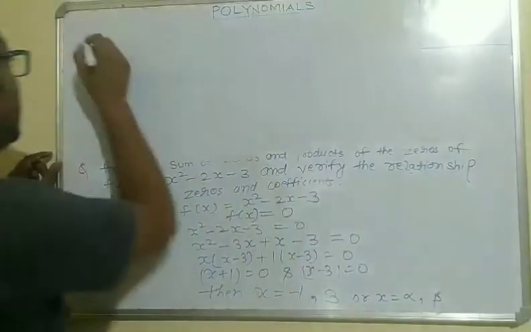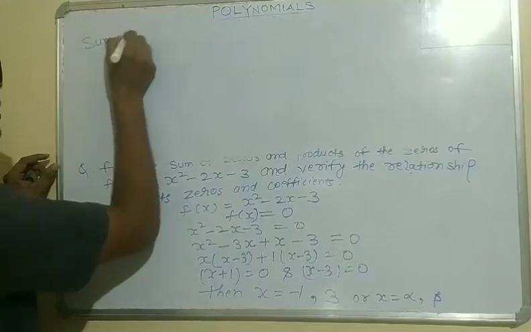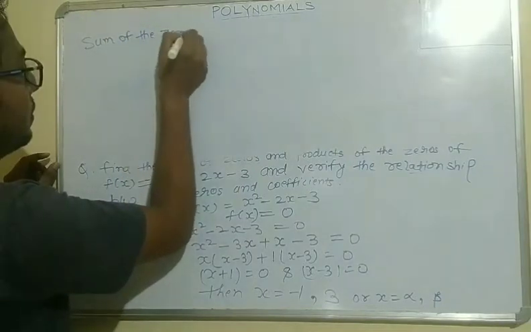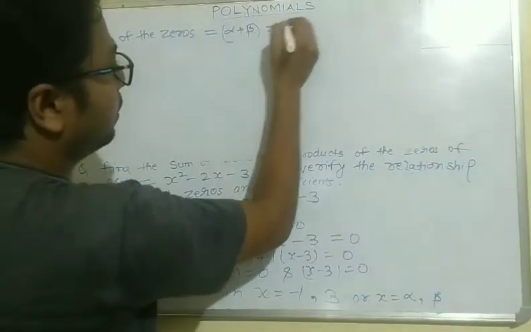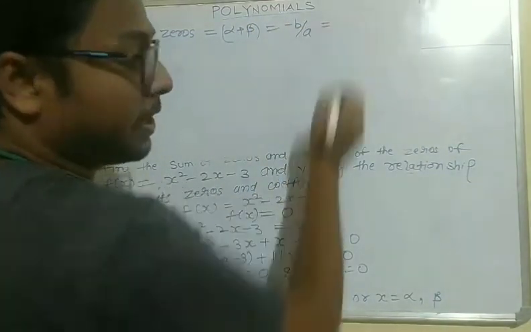So the sum of the zeros equals alpha plus beta equals minus b upon a, which I have already proved.